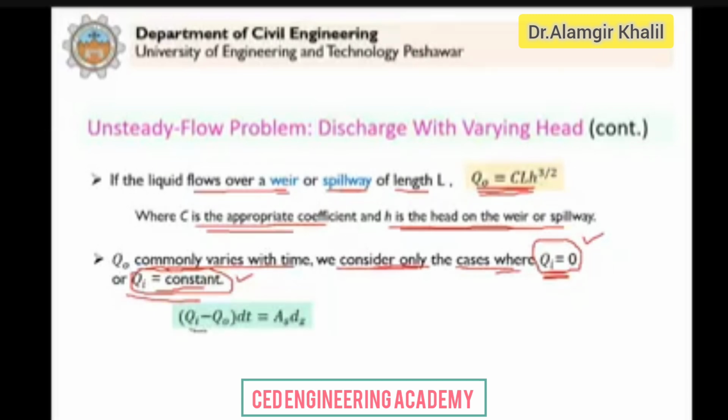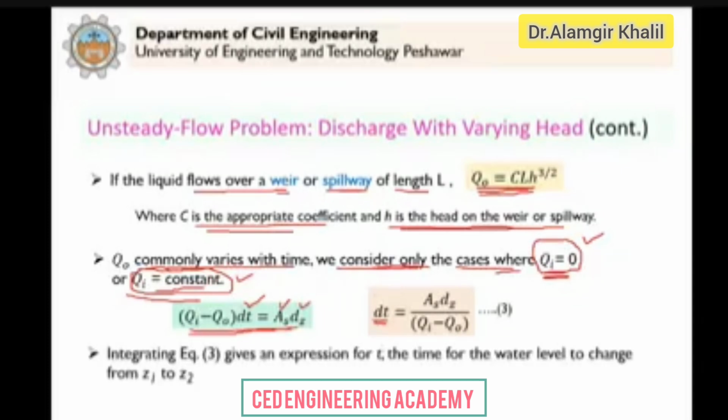So now we come back to this equation. Now we are clear about all the terms. This is the change in water level. This is the surface area, no problem. This is the time dt. And now we are clear about Qi and Q naught. So what we can do is write dt equal to A dz divided by Qi minus Q naught.